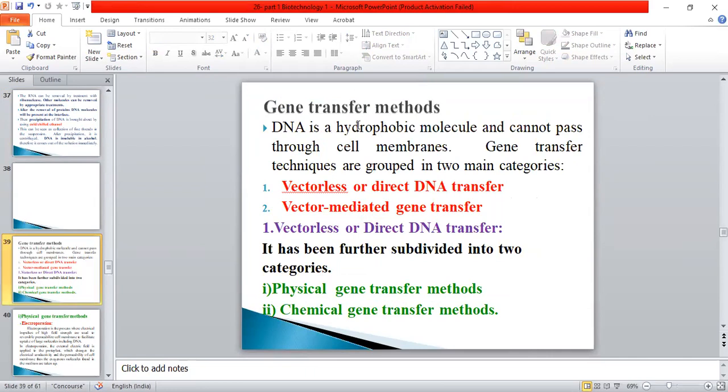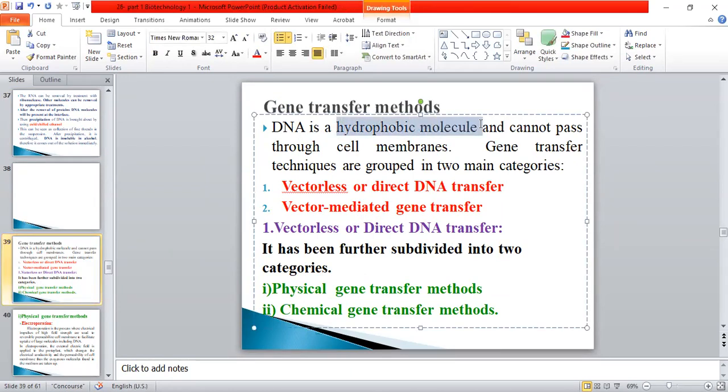How will it be transferred? There are so many methods. See that one? DNA is a hydrophobic molecule. Don't forget, my dear students, hydrophobic. It is nothing but water hating.